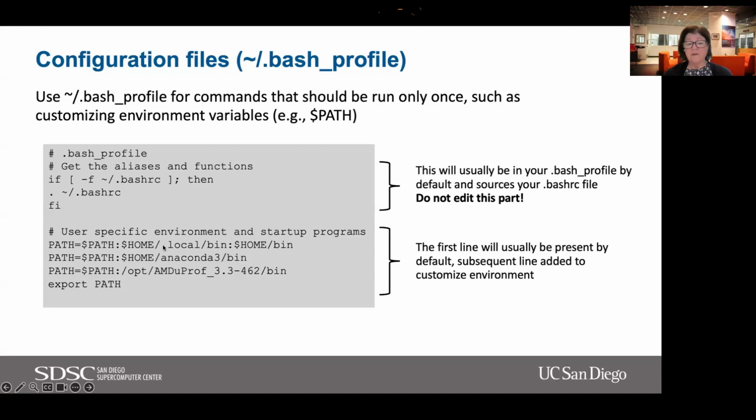So you're telling it anything in .local/bin, run it, and if you don't find it there, then look in $HOME/bin, and you'll see the same thing out in the sysadmin folders. Here is adding the Anaconda 3 binary folder into the path, and then adding the AMD profiler path. And then when you're all done building this path, export it so it goes into the environment.